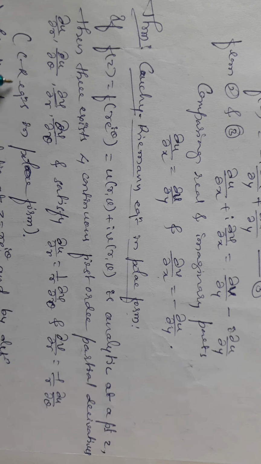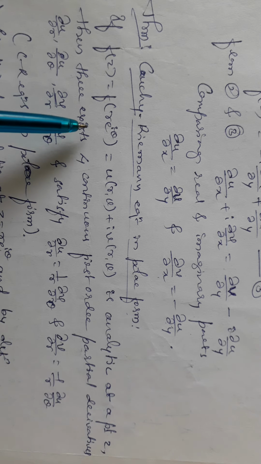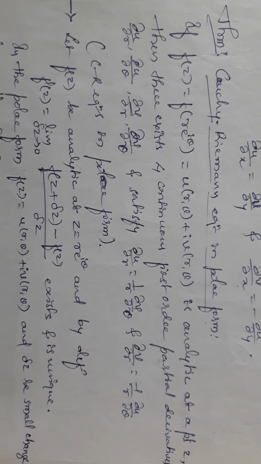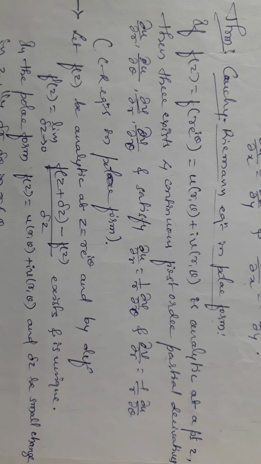These equations are called CR equations in polar form. It is like the last derivation; here the only thing is that r and theta are there in place of x and y.